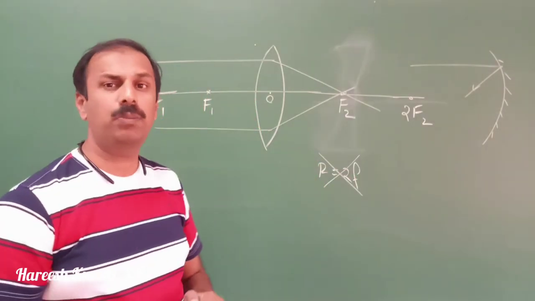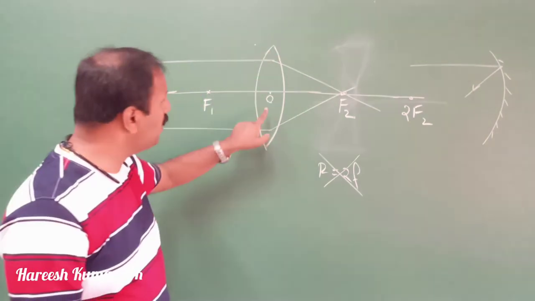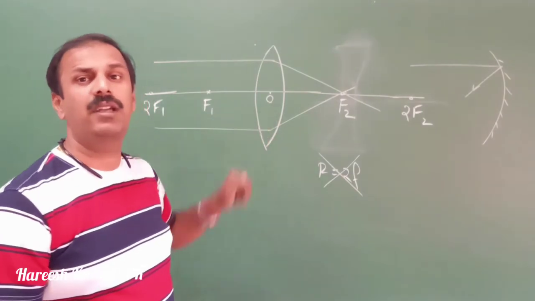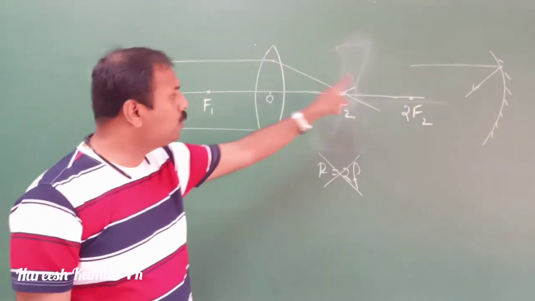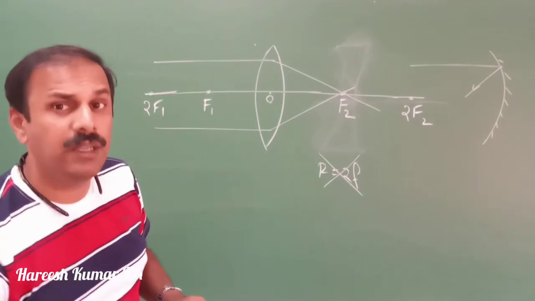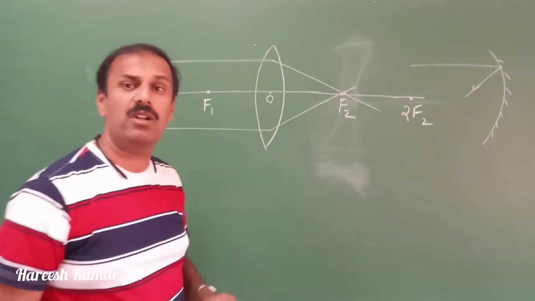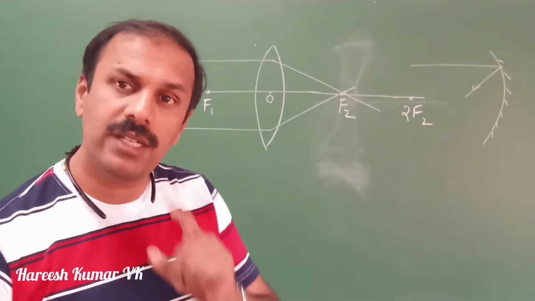Here the focal length depends on the curvature. Along with the curvature, it depends on the refractive index of the material also. That's why 2F is different from C. It is not only depending on the center of curvature, it depends on the refractive index of the material also, which type of glass is used. That is also important.